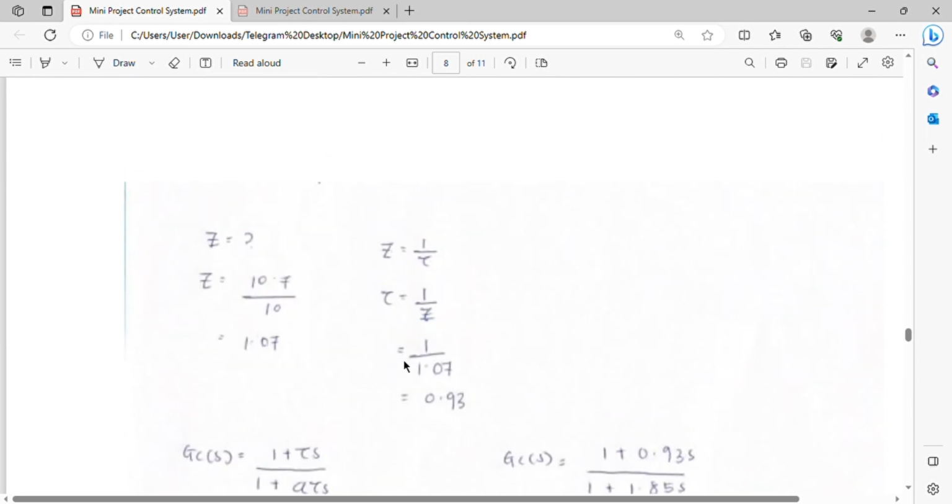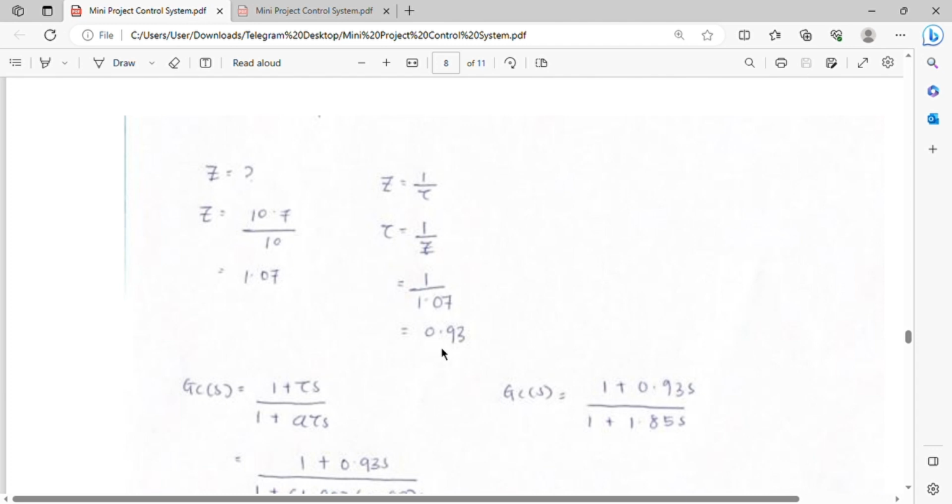We got the new transfer function. By the way, we need to find the zero first. 10.7 is divided by 10, and we got the zero, 1.07. Then with the value of the zero, we can find the value of tau. The equation for tau is 1 over the zero, and then we got 0.90 for the tau.